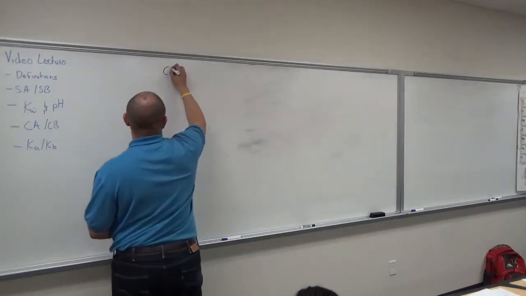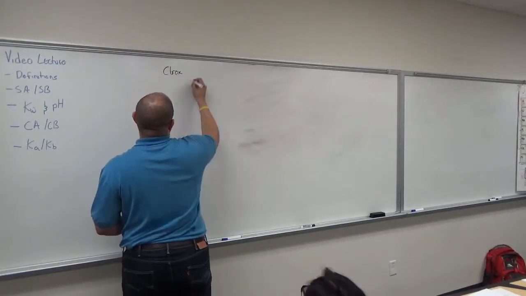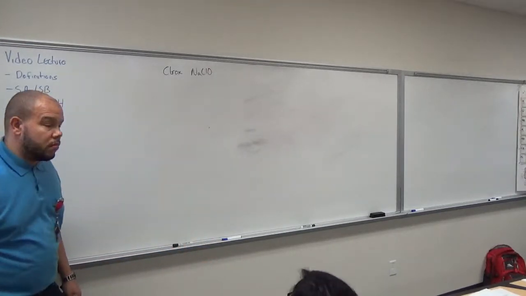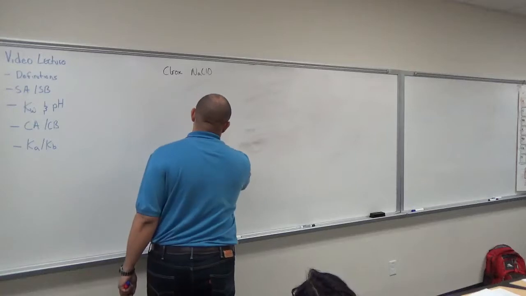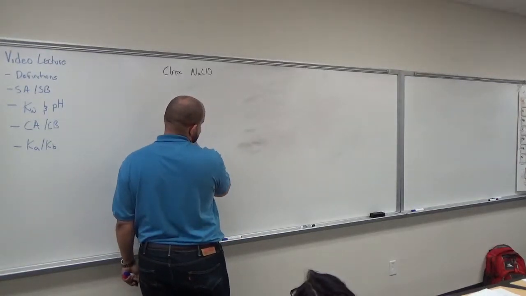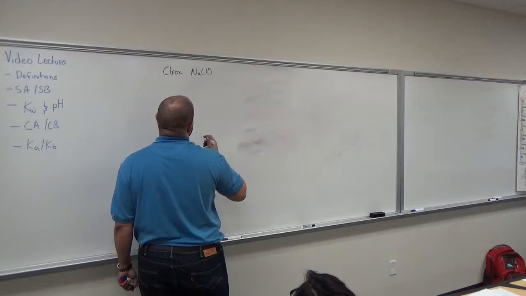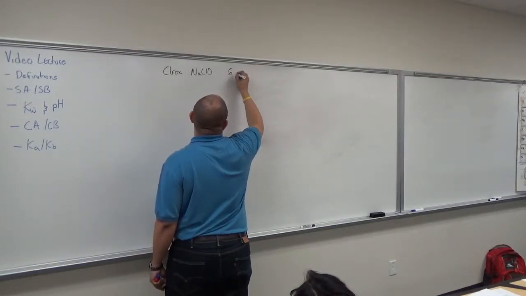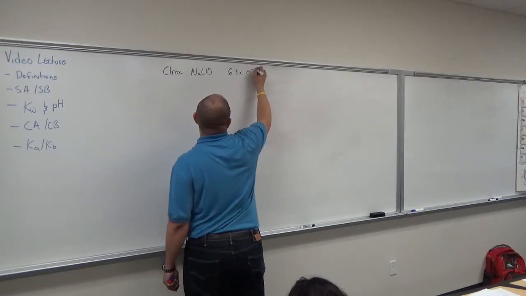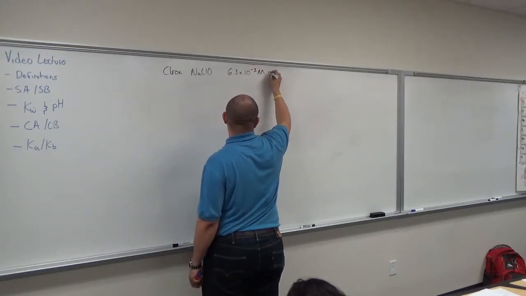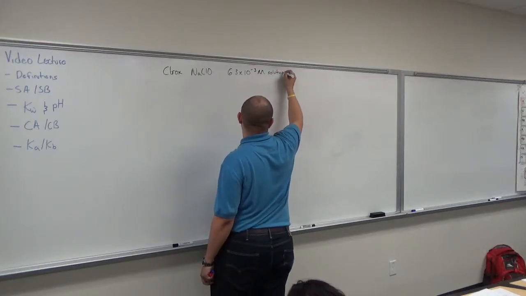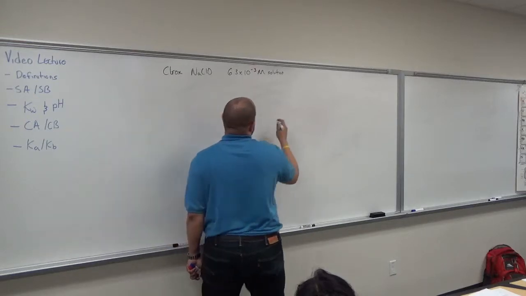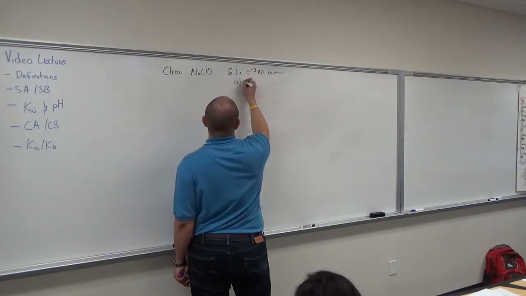So let's look at Clorox. Clorox is made of sodium hypochlorite. And let's say that you had a 6.3 times 10 to the negative 3 molar solution, and I ask you to determine the pH.